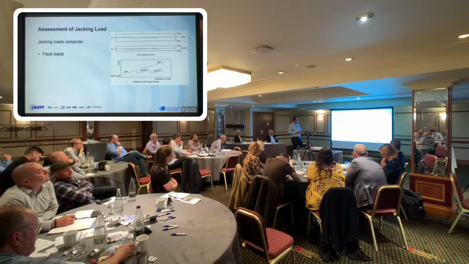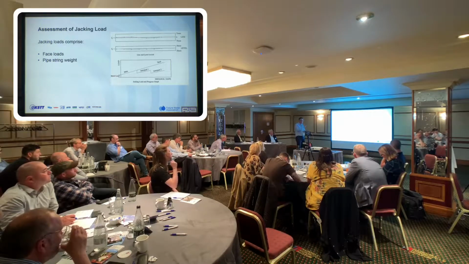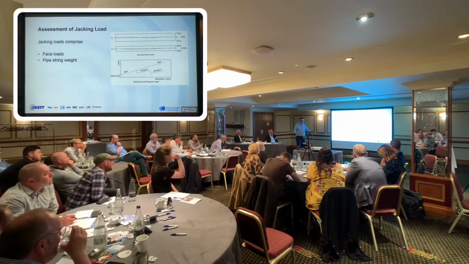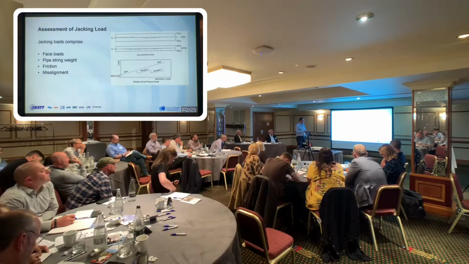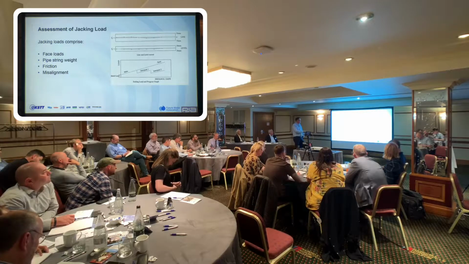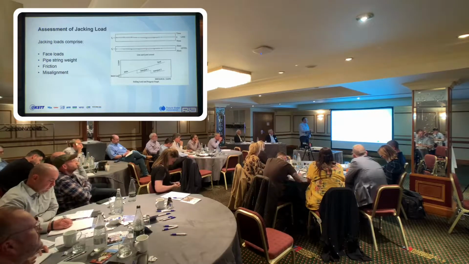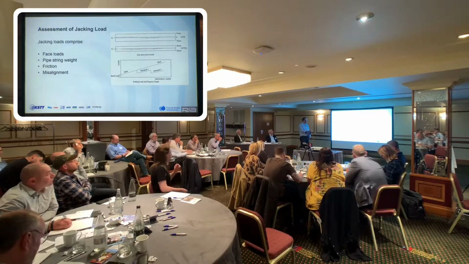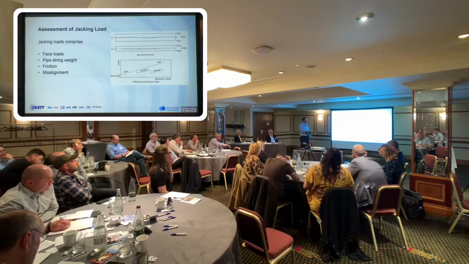In terms of what the loads are, as I've just mentioned, it's face loads. The calculation takes into account the pipe string weight, so the physical weight of the pipe itself, the friction load, and misalignment that we've heard about earlier. There are two little graphs there, line and level. I think these are probably the old limits now. It's saying 75mm tolerance on line and 50mm on level.